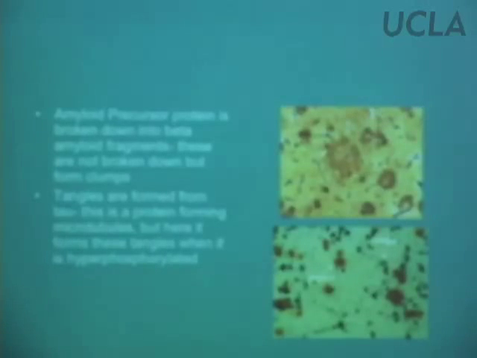Normally, you would be able to process and break down these beta amyloid fragments, but in Alzheimer's disease, they seem to form these clumps. These clumps of beta amyloid are not broken down; they just sit there as big clumps. What about tangles?